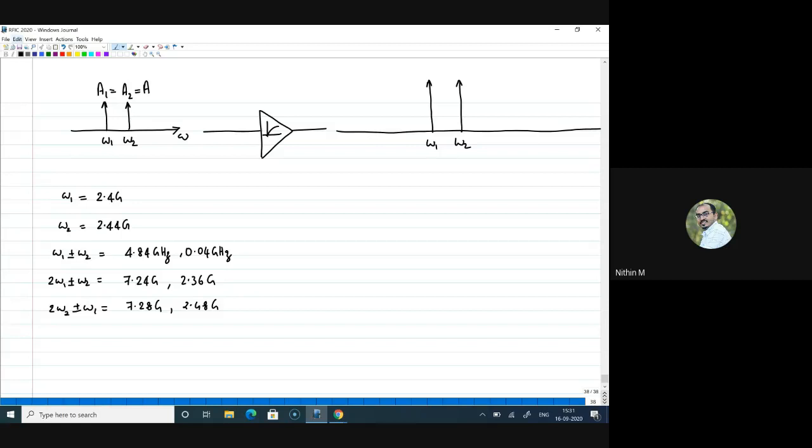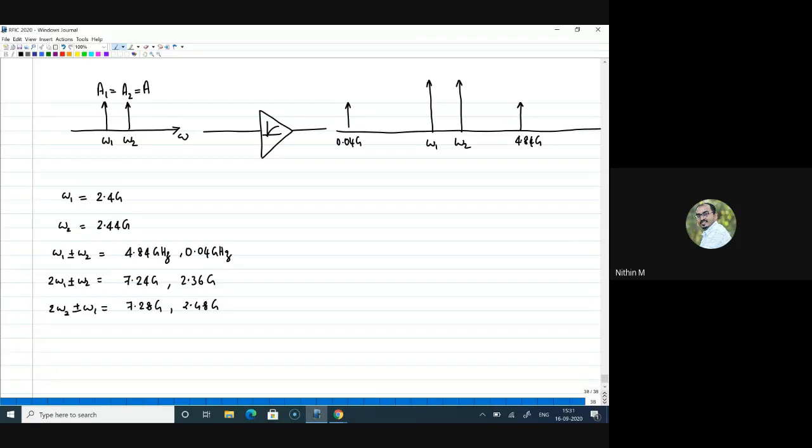So let me mark it somewhere over here. Definitely it will be of a lower amplitude, right? So this is at 4.84 giga, and the other term is at 0.04 giga, which is at a very low frequency, say somewhere here.